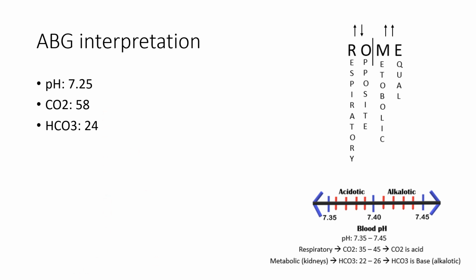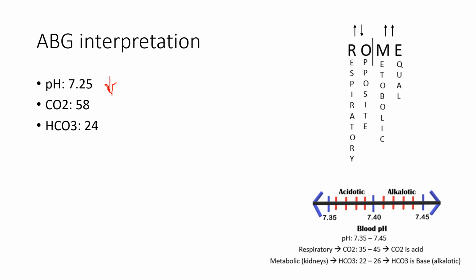Looking at our pH, is this high or low? 7.25. That's low. So I'm going to do an arrow, to the best of my ability, facing down. Our CO2 of 58, is this high, low, or normal?